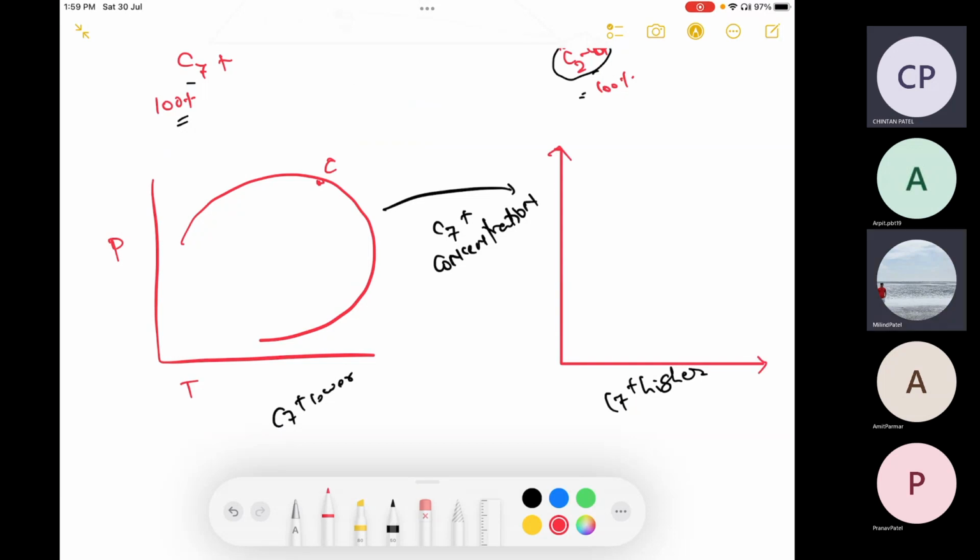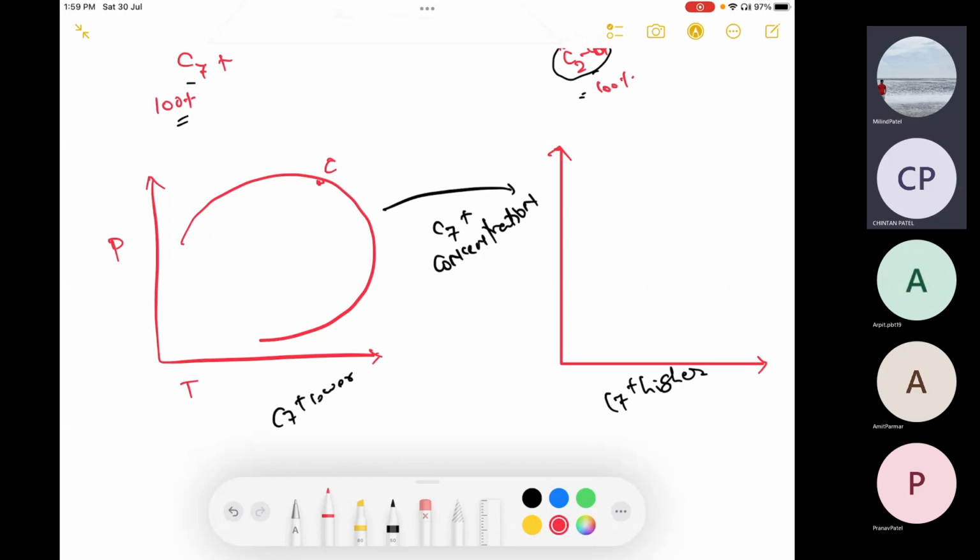Sir, the critical point will tend towards the left-hand side of the curve in case of a higher C7 plus fraction. Left-hand side, in a black oil or a volatile oil side? Toward this side?